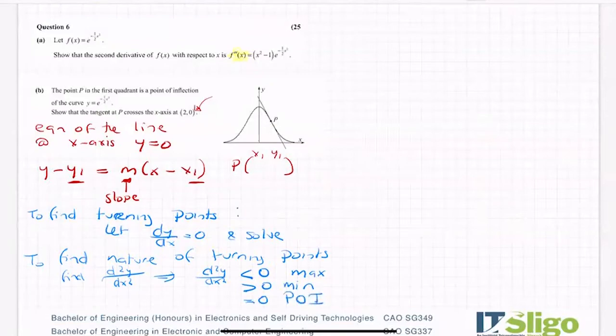POI is often used in this chapter as shorthand for point of inflection. Okay, so that's the theory behind turning points. That's what you need to know when you see any kind of turning points question.